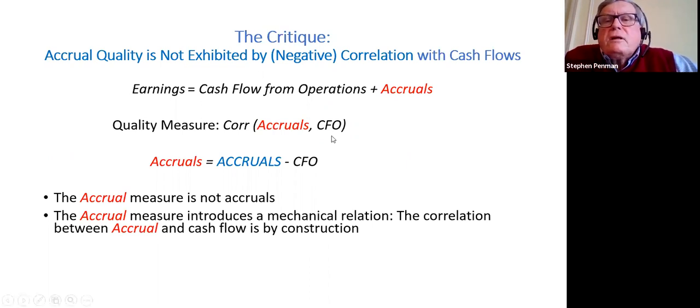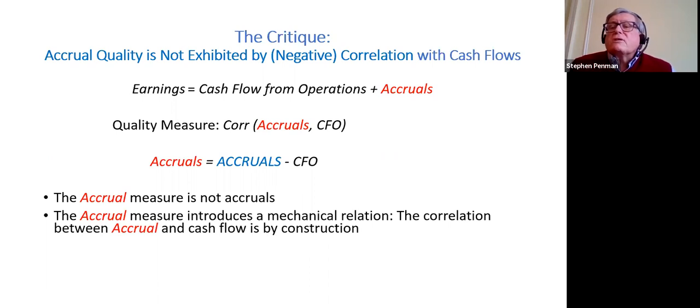So this measure, by construction, is generated by the cash flow given the accruals, because the red accruals are the blue accruals minus the cash flow from operations. So this correlation is not a correlation between accruals and cash flows.